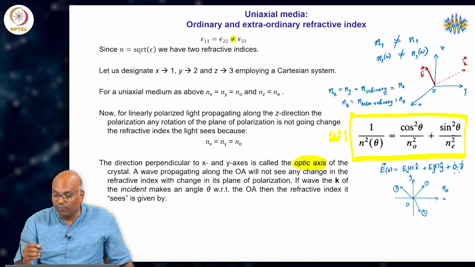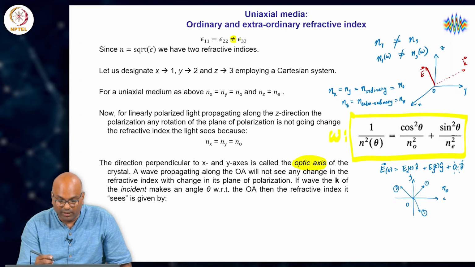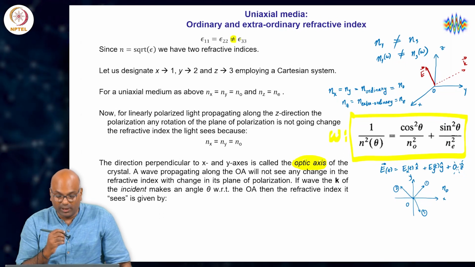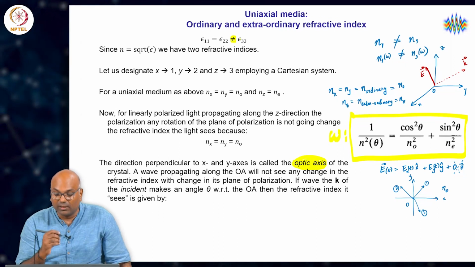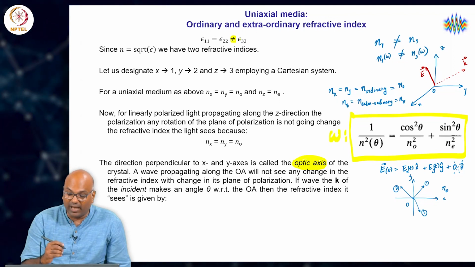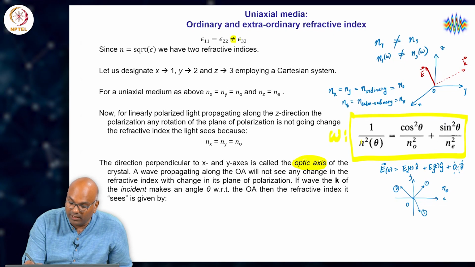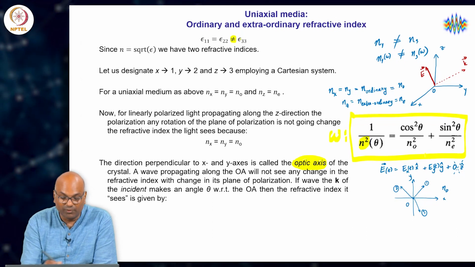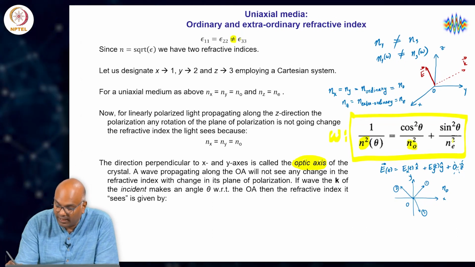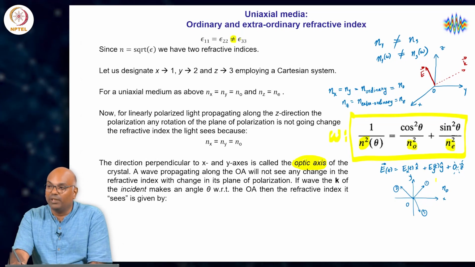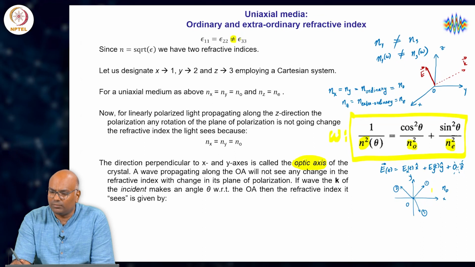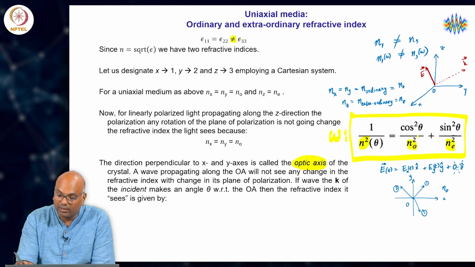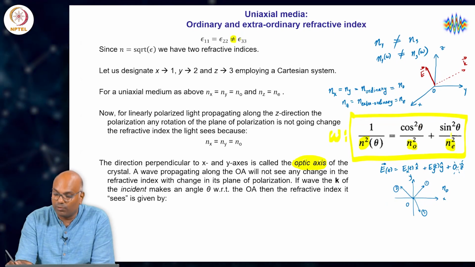Now, if the propagation vector of the propagating wave of interest, which belongs to a linearly polarized electromagnetic wave, has a direction theta with respect to the optic axis, then the refractive index as seen by that beam, n of theta, can be written in terms of NO, the ordinary refractive index, and NE, the extraordinary refractive index, as 1 by the square of n of theta is cos squared theta divided by NO square plus sin squared theta divided by NE square.